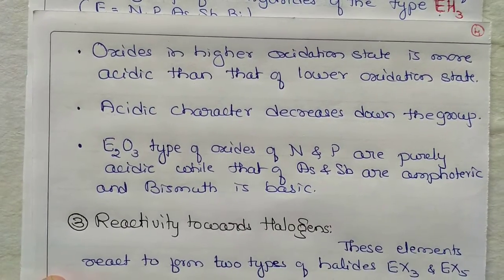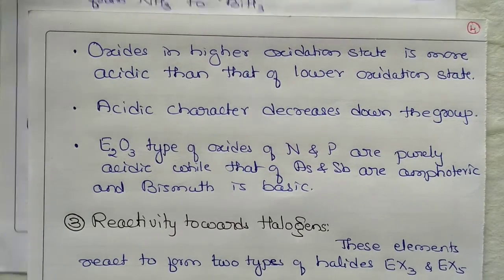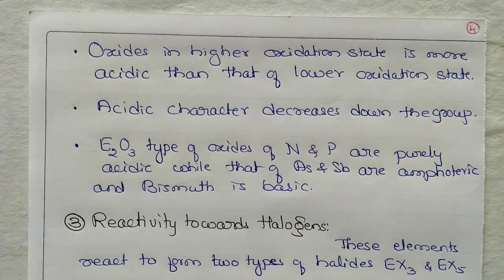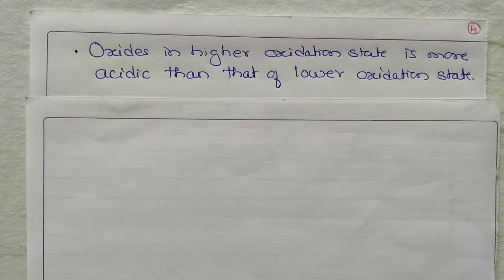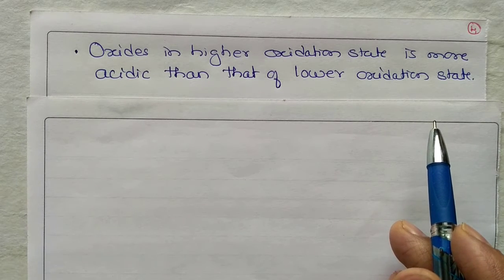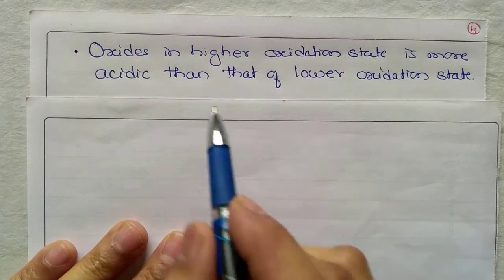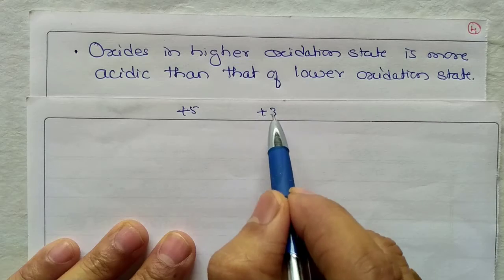Oxides in a higher oxidation state are more acidic than those in a lower oxidation state. Which is the higher oxidation state? +5 is the higher oxidation state and +3 is the lower oxidation state.